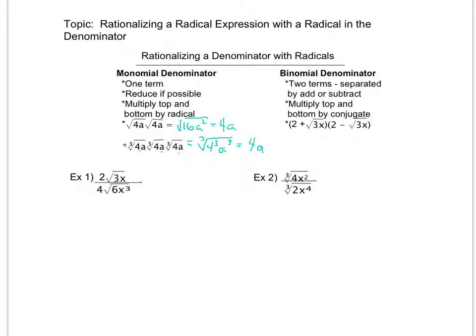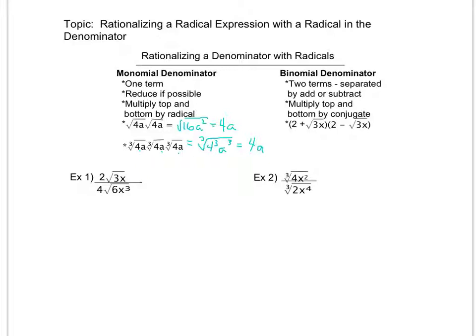Same thing if my index was 4, I would need 4 of them, index of 5, 5 of them, and so on and so on. Now on the other side, if I have a binomial denominator, so again, that's going to be two terms separated by either an add or subtract symbol, I will multiply top and bottom by the conjugate. Just to show you why, if I have 2 plus the square root of 3x times 2 minus the square root of 3x, I know these are conjugates because they differ only by a middle sign.